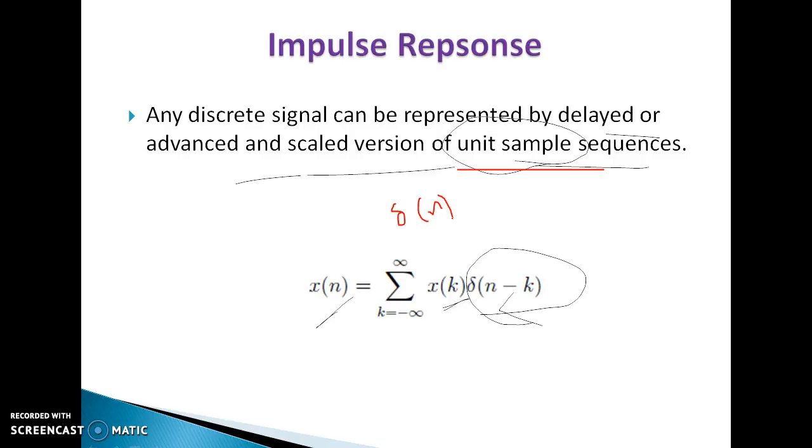It does not exist anywhere else except n equal to 0. So from this impulse, every signal can be represented by multiplying that signal with the shifted, delayed or advanced, scaled versions of the impulse sequence. This is known as impulse decomposition to represent the system.